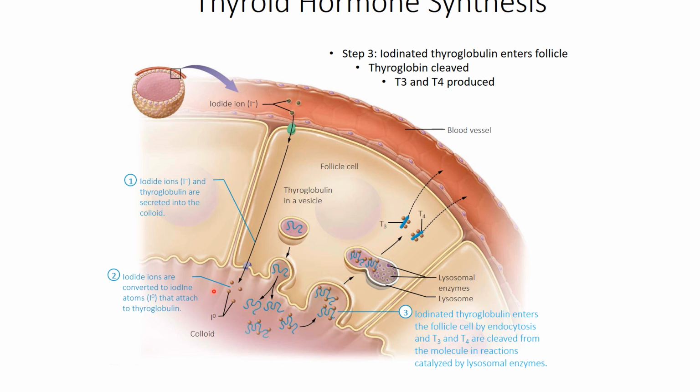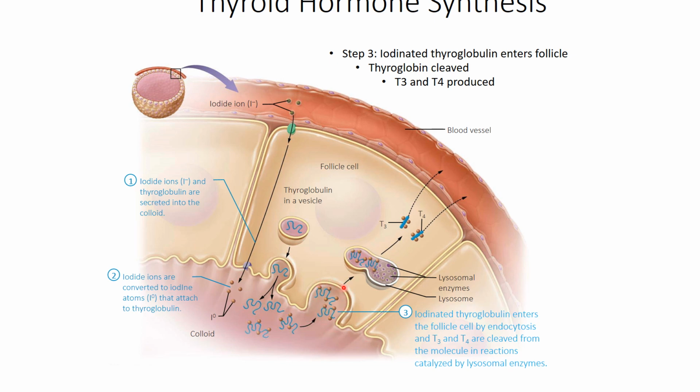Okay. So these iodine molecules, indicated here by the I0, are attached to the tyrosine residues, and then now we have the iodinated thyroglobulin molecule, which is then inserted into a vesicle. Okay. This occurs by endocytosis.